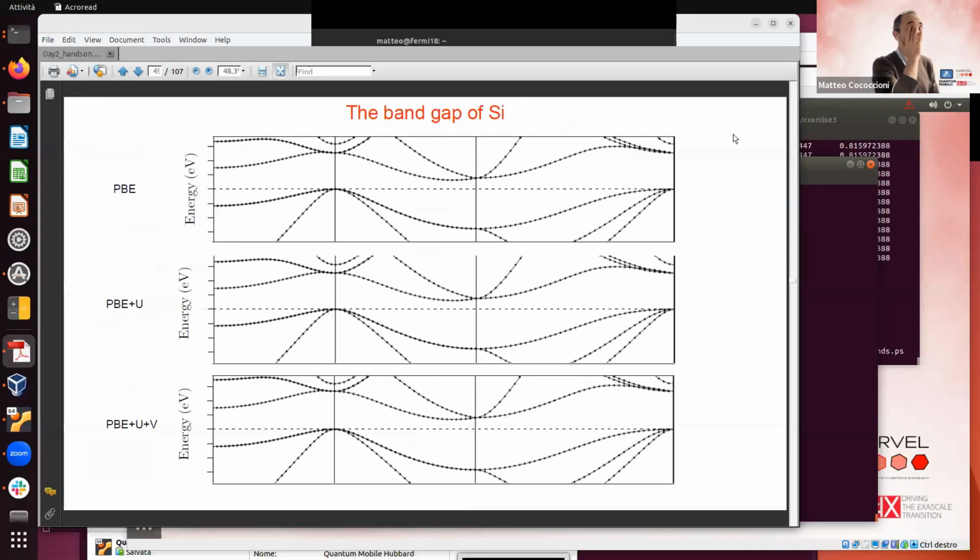And this is a comparison between the band gaps. You can hardly see the differences, but if you have good eyes, you will see that the band gap obtained with only U is a little bit smaller than this. So the band gap evolves in the wrong direction.